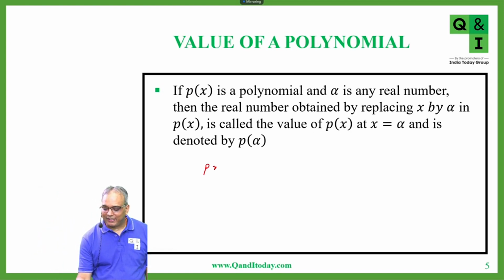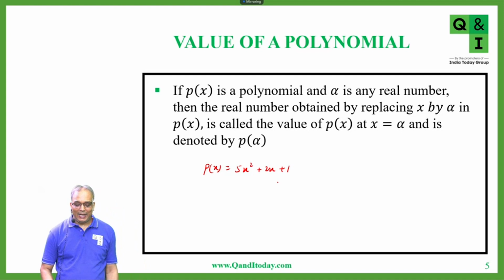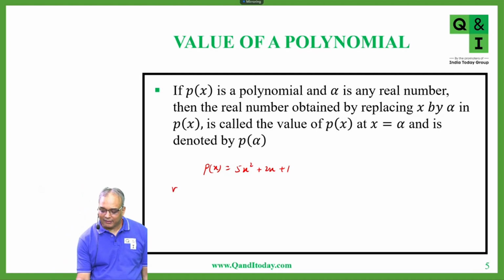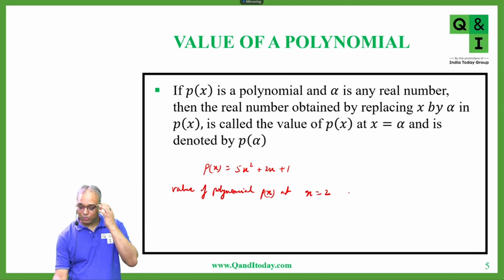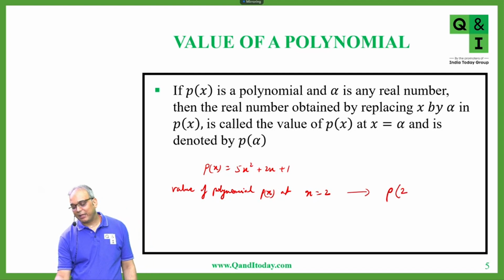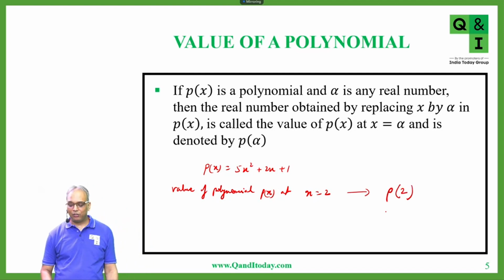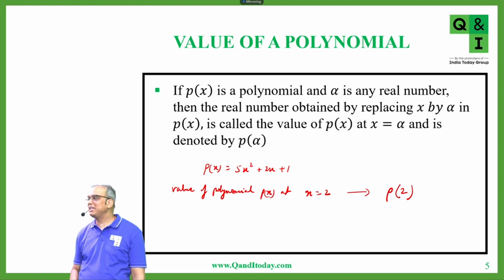So let's say we have a polynomial P(x) is equal to 5x square plus 2x plus 1. And let's say we have to find the value of the polynomial P(x) at x is equal to 2, which will be represented by P(2), where we replace x by 2.